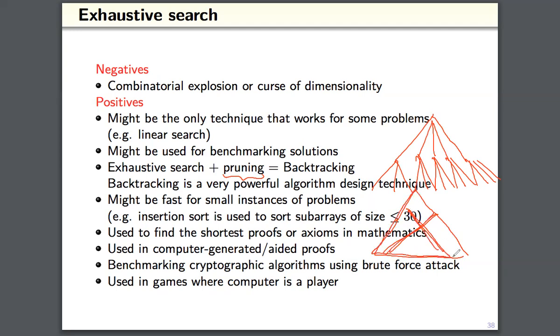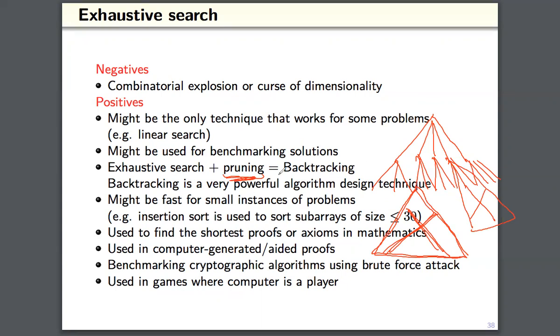So if you cut the entire computation at this subtree, think about how many computations you will be reducing. Maybe here also you can cut, because some property is violated. So when you add pruning to this exhaustive search, you get another algorithm design technique, backtracking, that is very famous, to solve a lot of combinatorial problems.